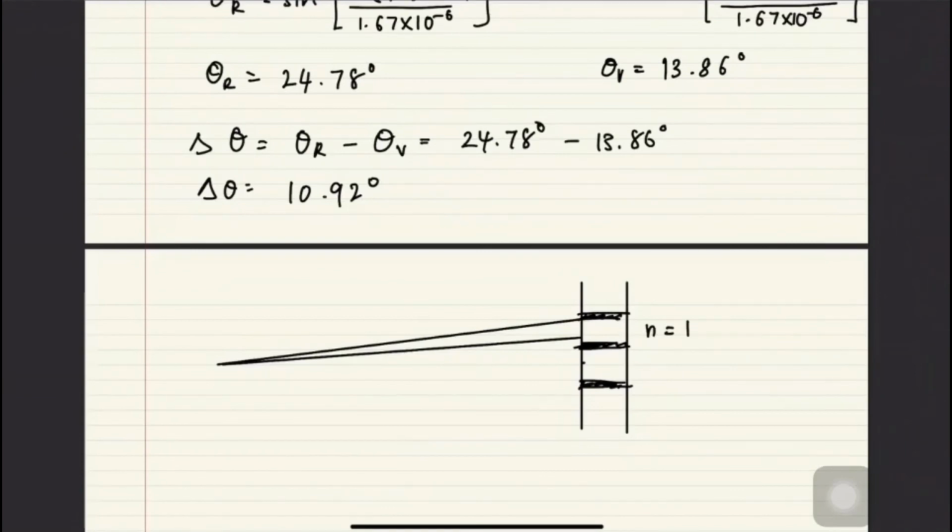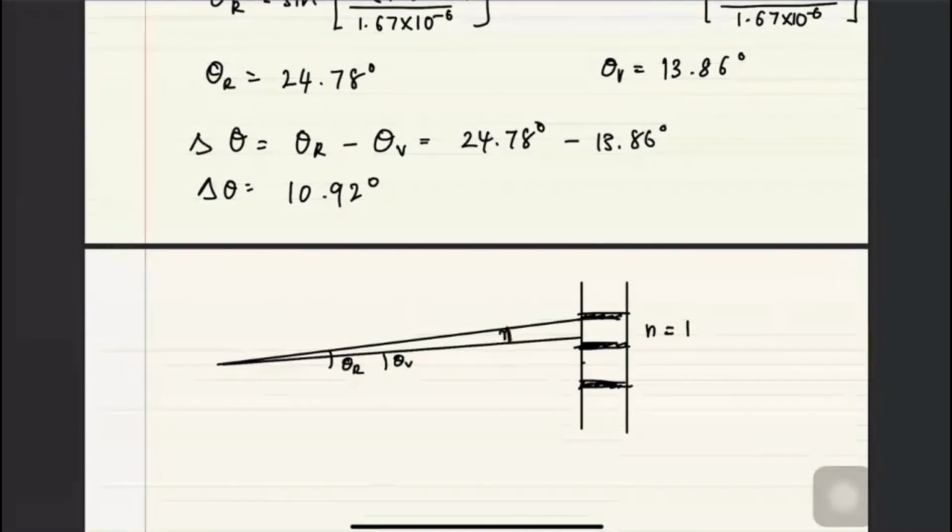Okay, tapi dekat n equals to 1 ni, macam saya cakap lah, dia nampak macam rainbow tu kan ada multiple colours dekat sini. So yang red tu 24.78 tu angle dia sebenarnya dekat sini. Okay, kalau yang violet tu dekat situ. Dia pada center tu lah. Okay. So angle separation tu yang ni lah. Kita nak kira jarak antara dua angle tu.